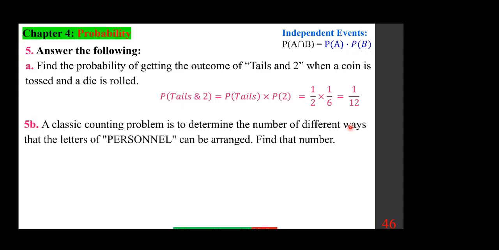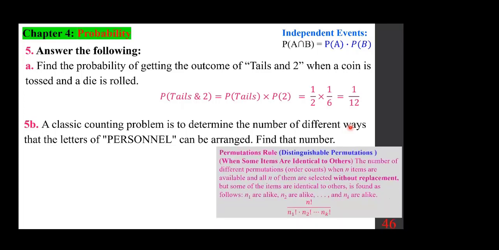A classic counting problem is to determine the number of different ways that the letters of "personnel" can be arranged. Find the number. First, a quick reminder. Permutation rule, distinguishable permutations.